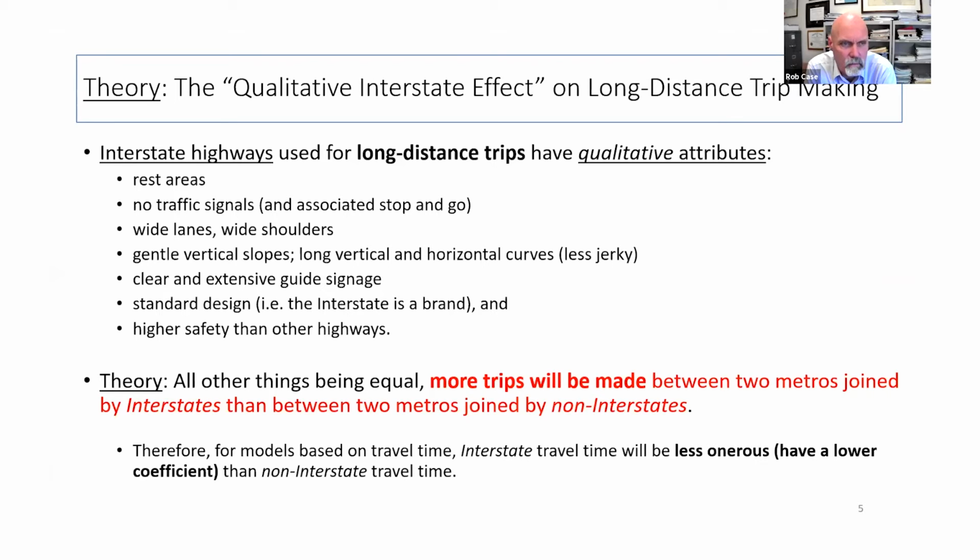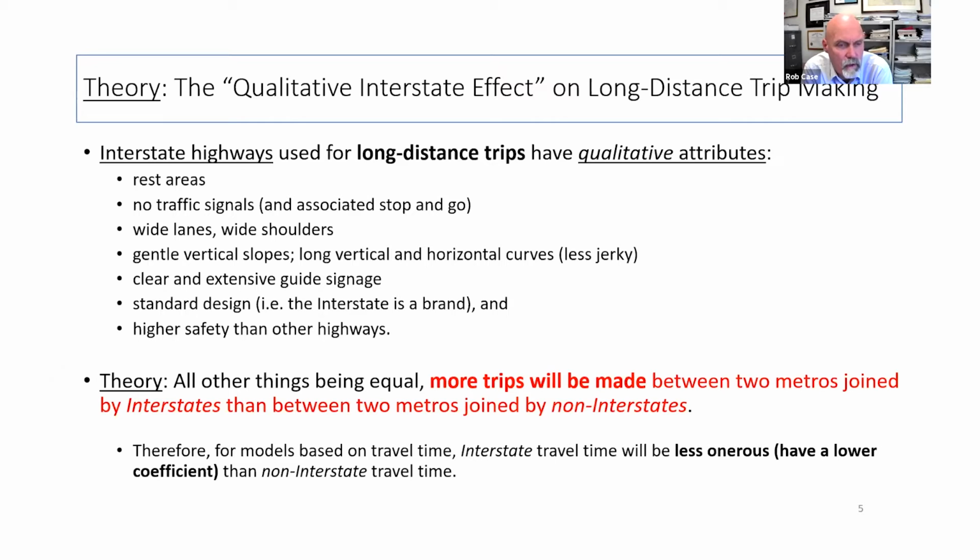And that's, they have rest areas, they don't have any traffic signals, they have wide design and gentle slopes and clear signage that's essentially the same all over the country. So it's like it's a standard. It's like McDonald's. You know what you're going to get when you go there. And I believe they have higher safety than other highways.